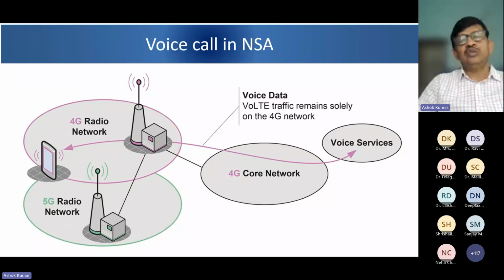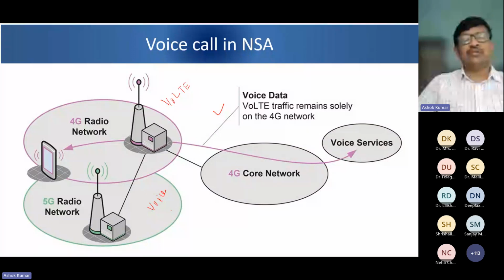Now, how is a voice call handled in an NSA environment? As we know, a pure 5G network will not have voice capability initially. So initial voice traffic has to be handled by voice over LTE, VoLTE. Whether you are in a 4G area or a 5G area, voice traffic will always be handled by VoLTE on the 4G network and not by 5G.